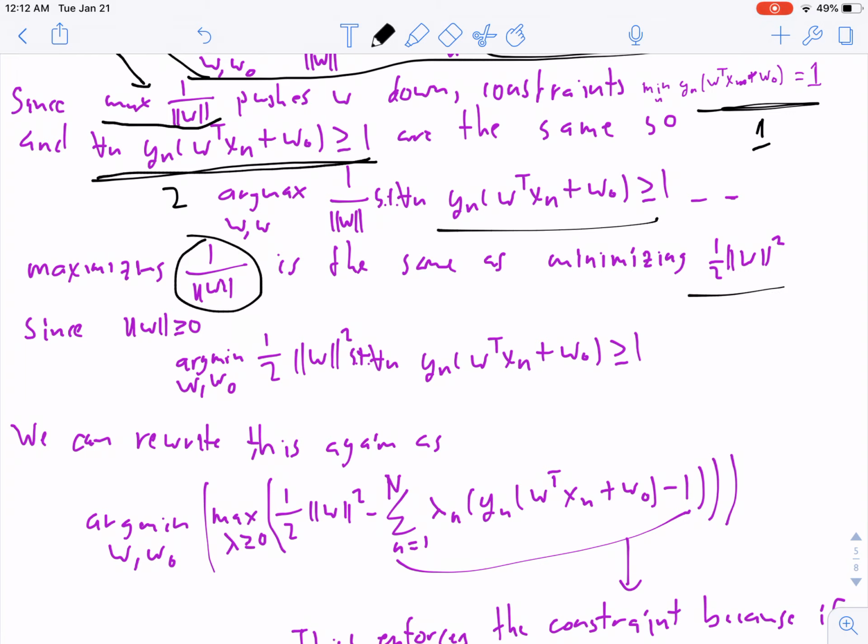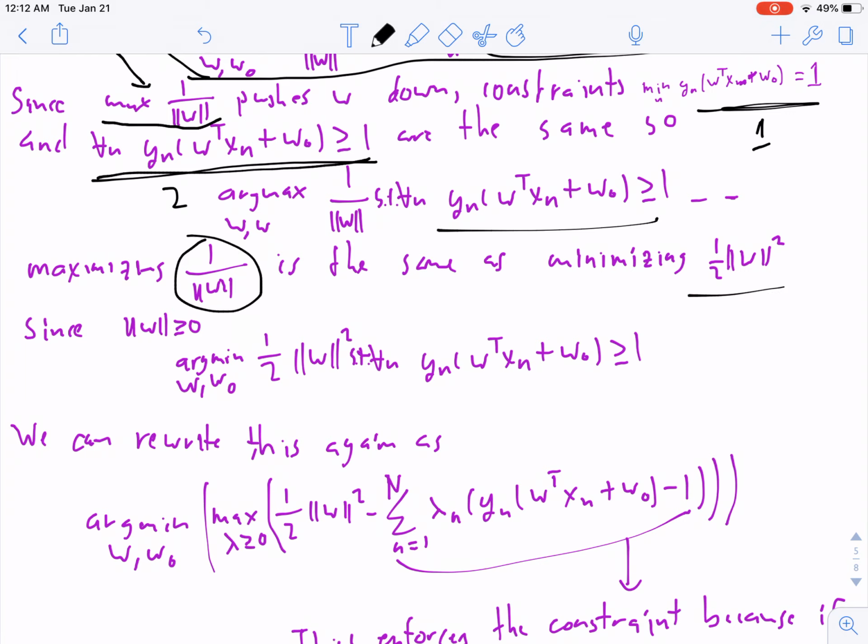First, let's call this equation star. I'm going to show that star doesn't violate the constraint, and the constraint is this part of the first equation.